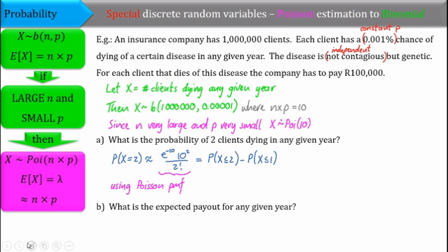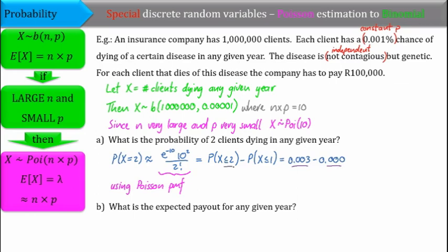Now, an alternative way of doing this is to take the cumulative up to 2 and subtract the cumulative up to 1. So if we have the total probability up to 2 and we subtract the total probability up to 1, then we are only left with the probability of x equal to 2. So those two values will be 0.003 and 0.000.